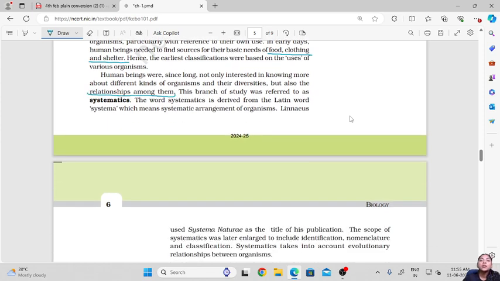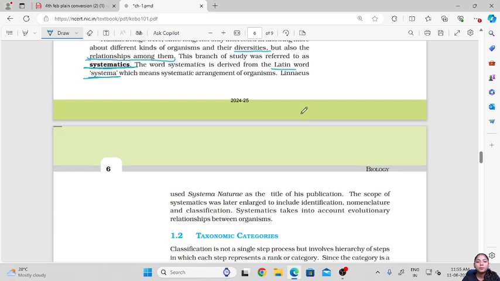The branch of study which learns more about their diversities and the relationships among the organisms is called systematics. This is also a word derived from the Latin language, that is systema.